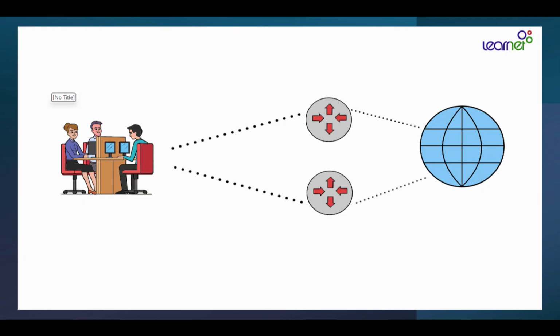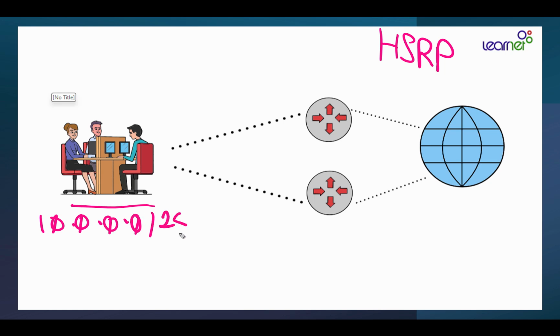Okay, it's time for a bit of a sketch. We start with HSRP. Let's assume that this is our office that sits on 10.0.0.0/24 subnet. And the gateway for this subnet is 254. This 254 is supposed to be served by these two routers, but this is not an IP address that we set on these interfaces.